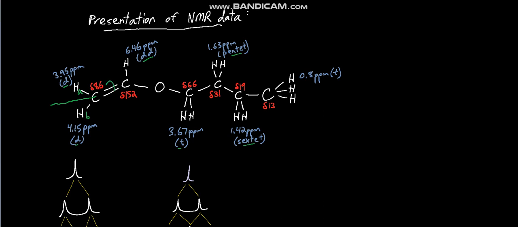You cannot rotate around this bond, it's fixed in space. These are always in a different chemical environment. HB is always on the same side as the oxygen. A always opposite or trans. So when they're not equivalent, you get 2 different signals at 2 different chemical shifts.